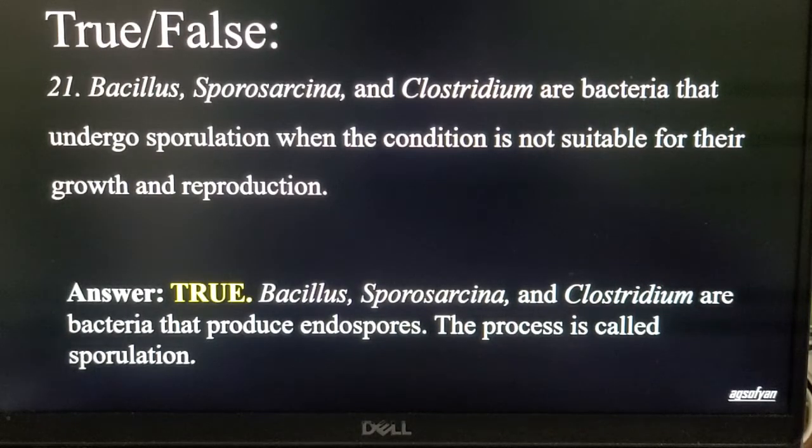Okay. Example of species of Bacillus is Bacillus anthracis. Bacillus anthracis is a species of Bacillus that causes anthrax. So this species of bacteria actually produces spores, or endospores.